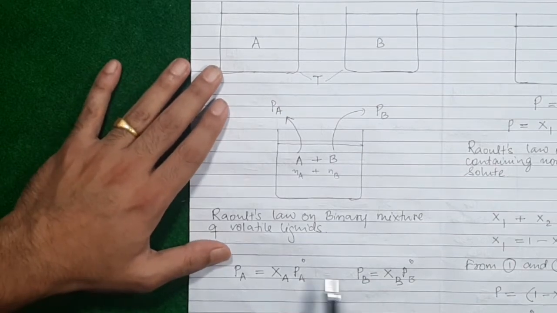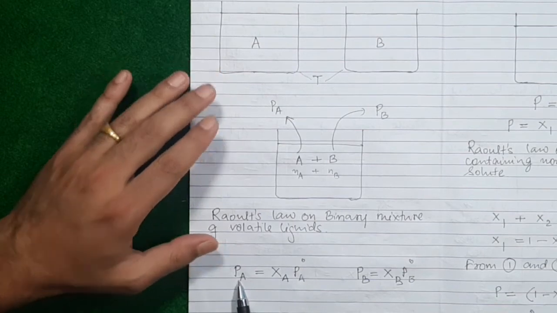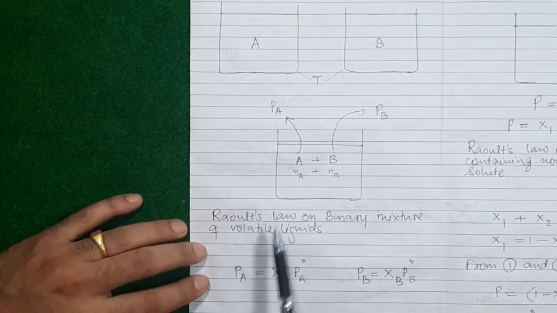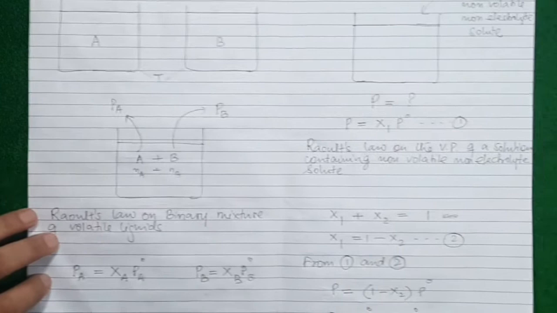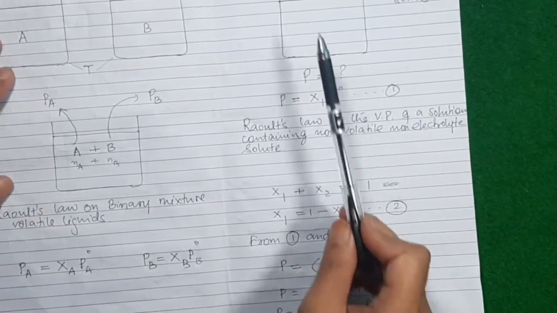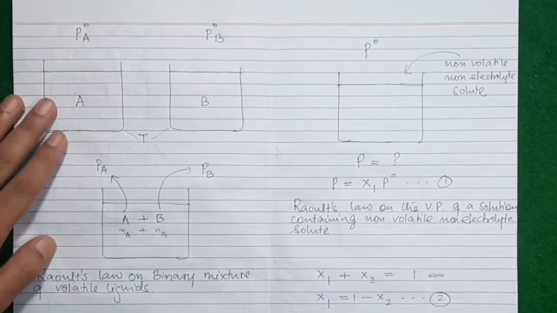Now I just want to extend this idea, of obtaining the vapor pressure of any component in a mixture, to a different situation. So now I have a single liquid.